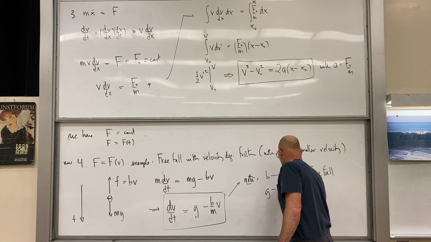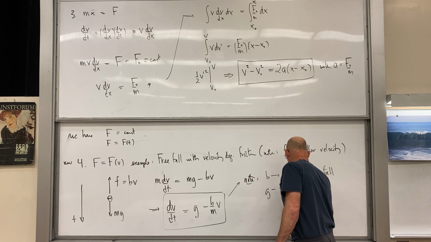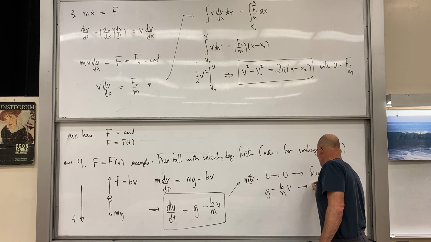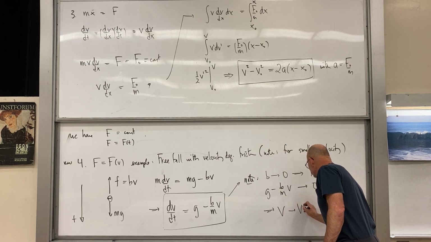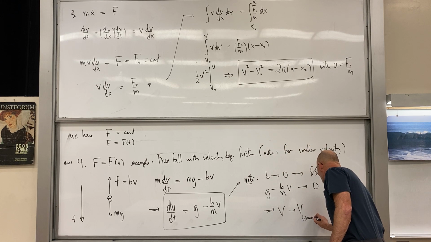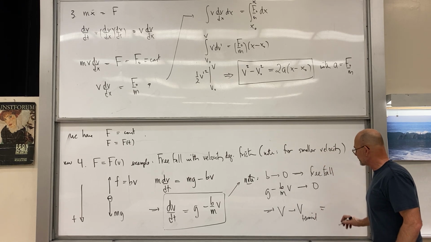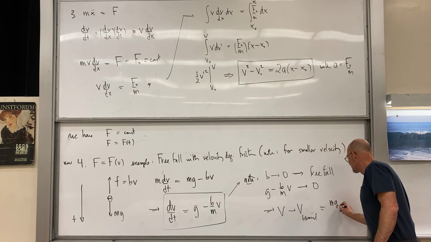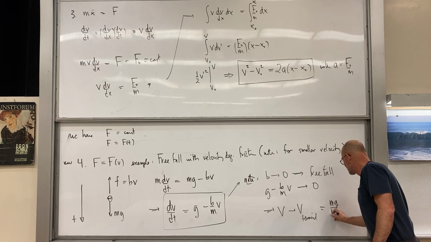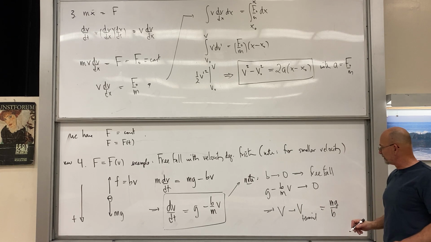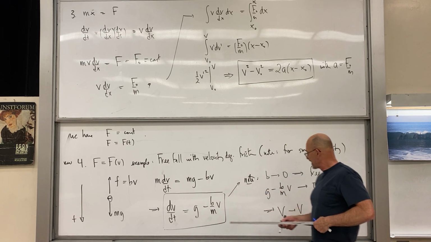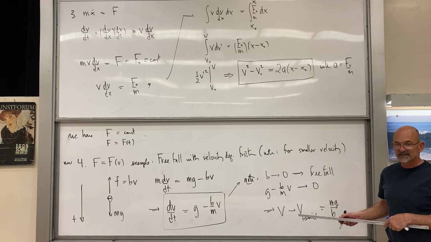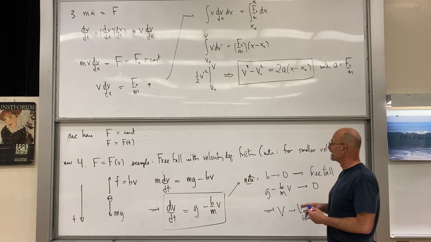If g minus b/m v goes to 0, then v is going to v terminal, equal to mg divided by b. And we would have a terminal speed because if the right side is 0, then the acceleration is 0. And this terminal speed is a constant velocity, constant speed.